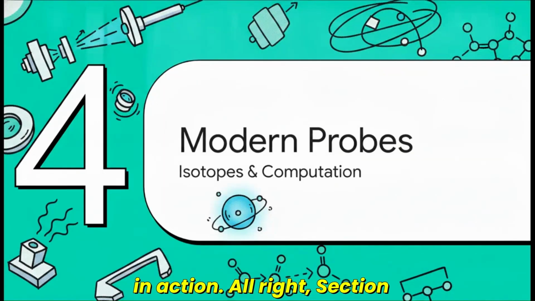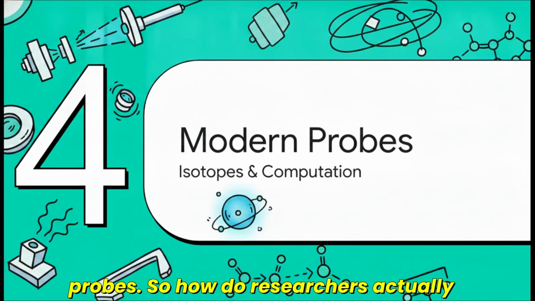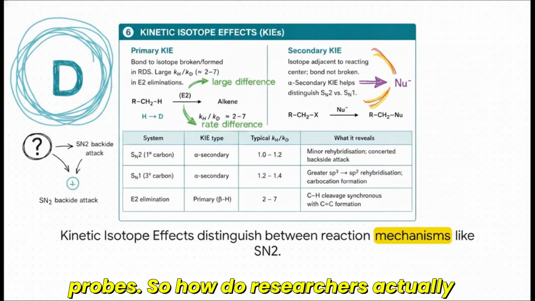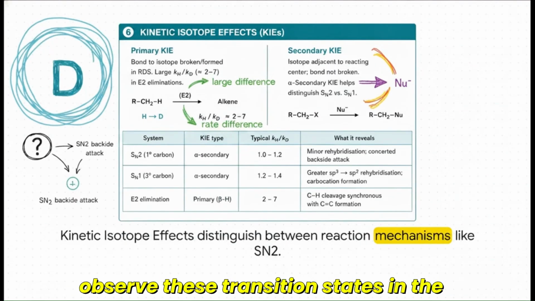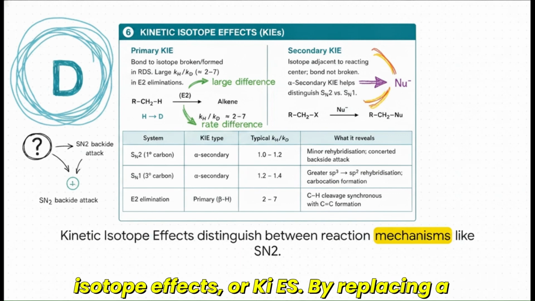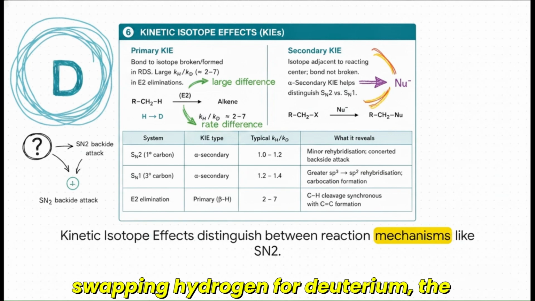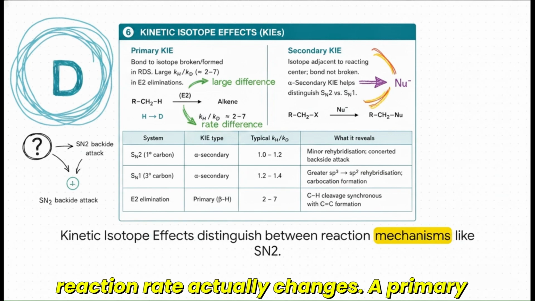All right, Section 4, Modern Computational and Isotope Probes. So how do researchers actually observe these transition states in the real world? Well, they use kinetic isotope effects, or KIEs. By replacing a normal atom with a heavier isotope, like swapping hydrogen for deuterium, the reaction rate actually changes.